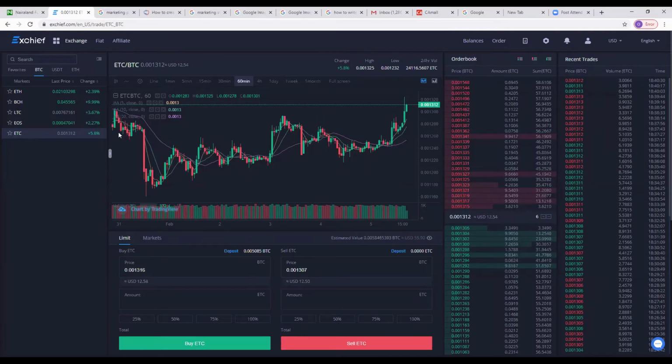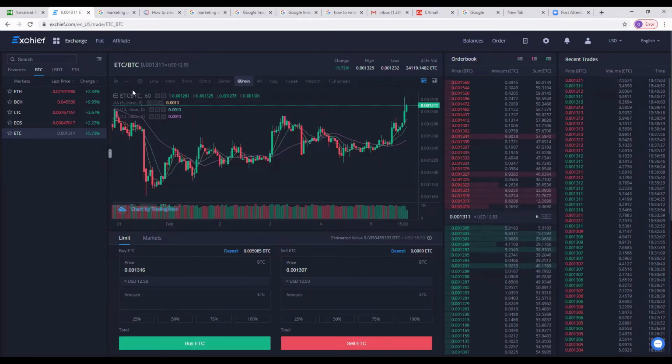Every time you see a green, it means that the price of that particular trade pair is in favor of one of the pairs. There's a price increase in one, and every time you see a red, it means price is coming down. So basically that's what the candlesticks represent, either a price upwards or a price downwards. So let's just bear that in mind.